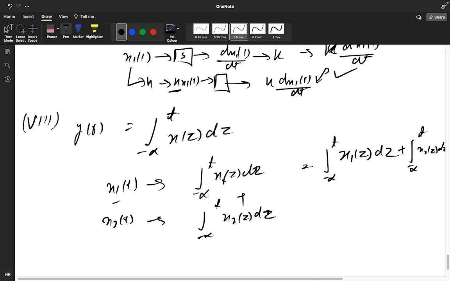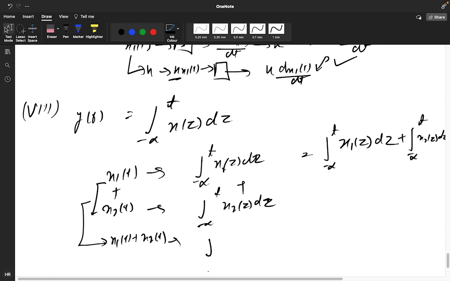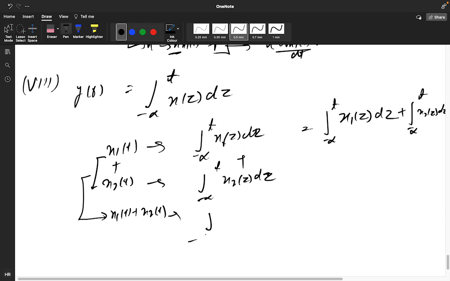Okay, and if you give the signal x1 of t plus x2 of t, it will simply integrate from minus infinity to t. What is the input? x1 of t plus x2 of t. So t will be replaced by tau, because this is the property of the system, and d tau. This can be separated in this form.